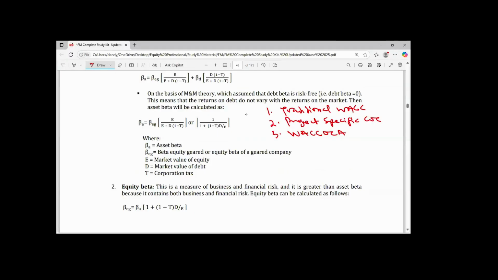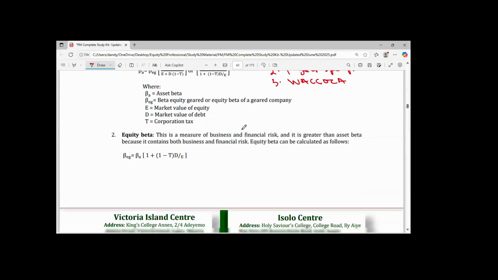And then we started with traditional WACC. Under the traditional WACC, I told you when to calculate traditional WACC. I said that traditional WACC should be computed when information on capital structure as well as their underlying costs are given in a question.